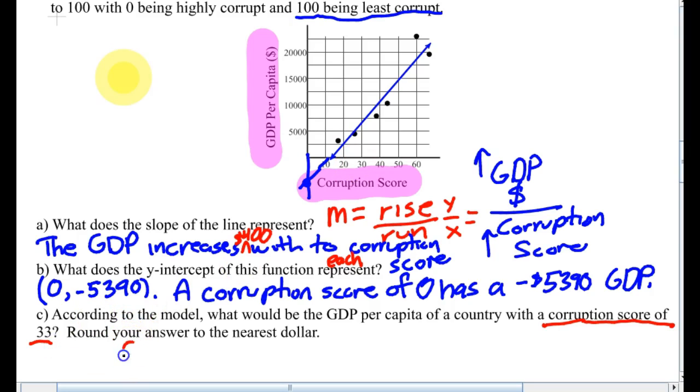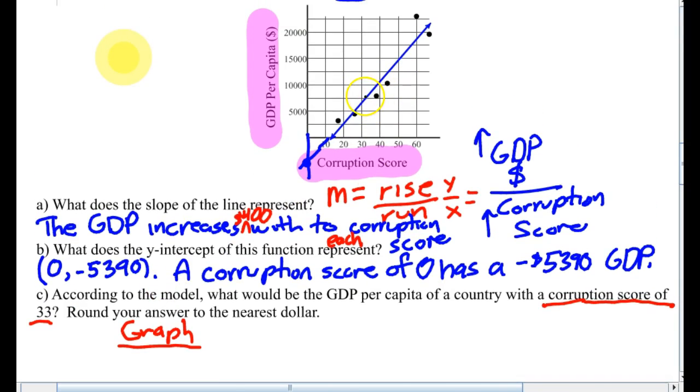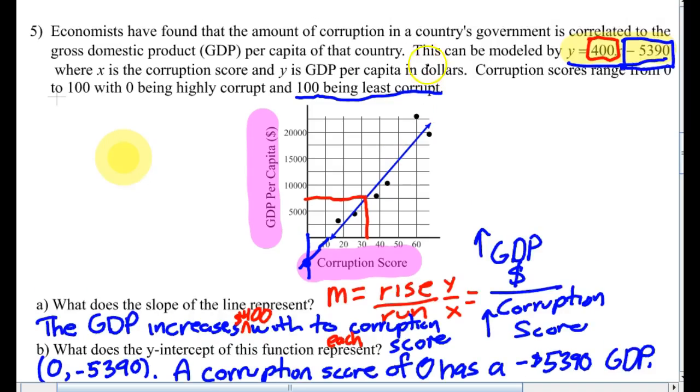So there's two ways of doing this. We can look at the graph, right? And just kind of see it from here. 33, it's about 7,500. And the second way is to actually put in the equation, right?